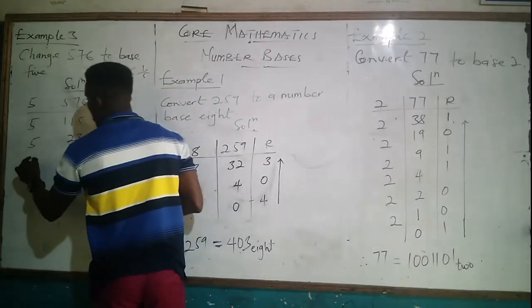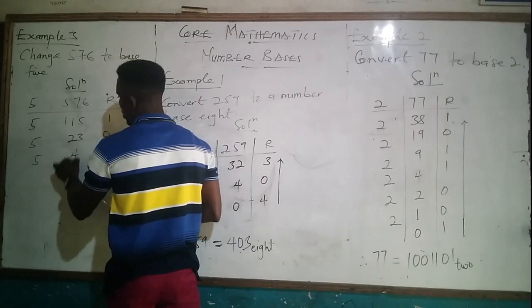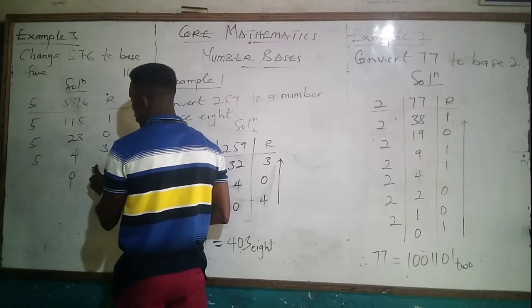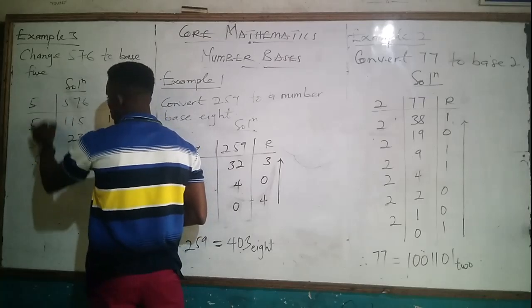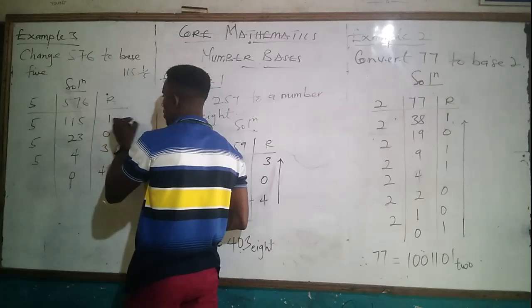Okay. So now 5 into this 4 will get me 0, remainder 4. So now I'm done. I can create my columns and give the arrow.